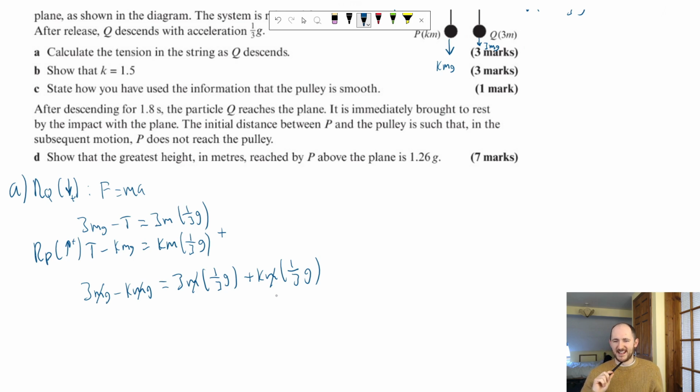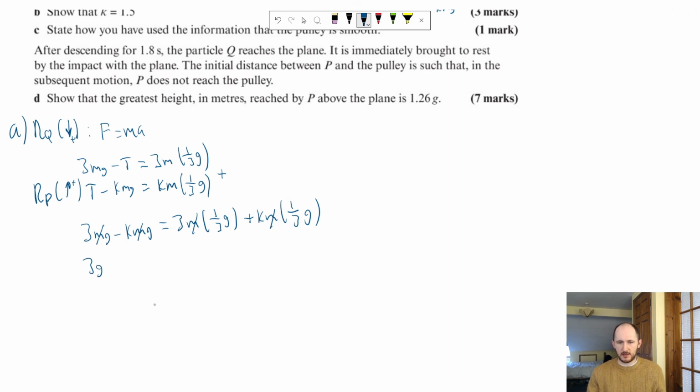Cool, right? I want to say it's the kind of skill that you need to develop, but you just need to have that confidence. Resolve things in every direction, and then start trying to eliminate stuff. Generally speaking, you'll come to a solution. Hopefully that makes sense. We can divide everything by m.